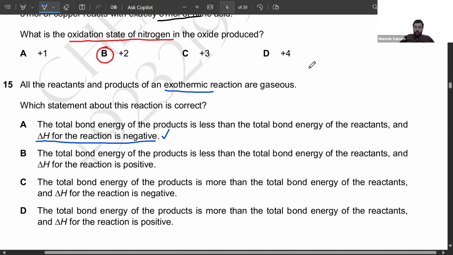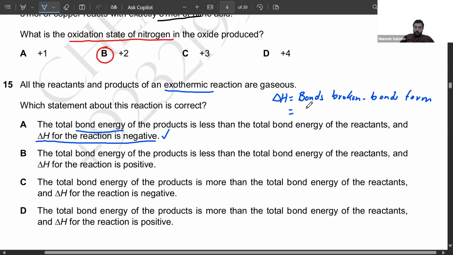But for the first statement, we can check that delta H for the reaction, in terms of bond energy, can be written as bonds broken minus bonds formed. That's a simple way of describing this type of enthalpy.